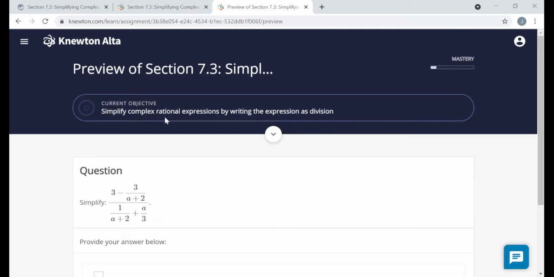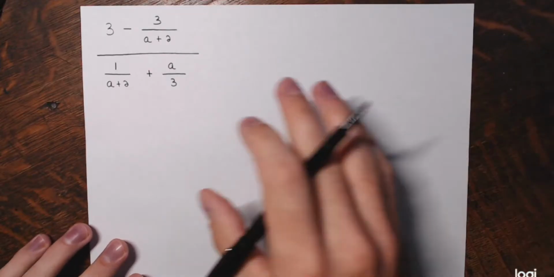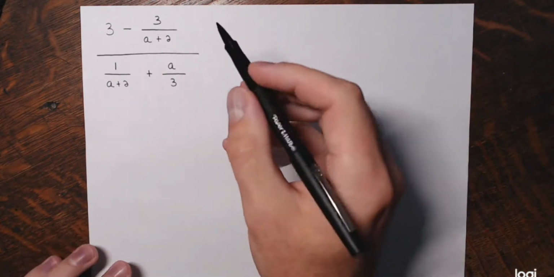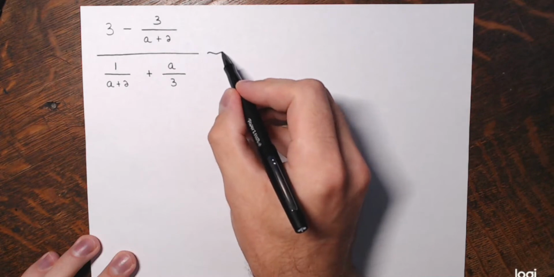So we have simplified complex rational expressions by writing the expression as division. I'll write this problem out and show you what they mean by that. We're given this complex fraction. They're saying write it as a division problem.